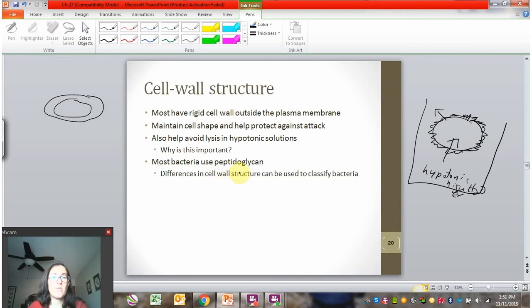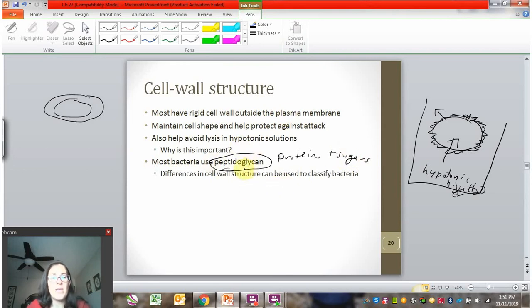The cell wall of most bacteria is made out of peptidoglycan. And so this is a material that's a complex of proteins and sugars. That's where the name peptidoglycan comes from. And it's a specific combination of proteins and sugars.